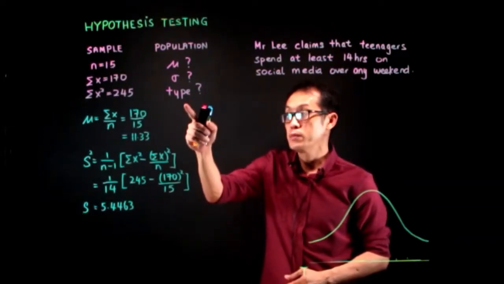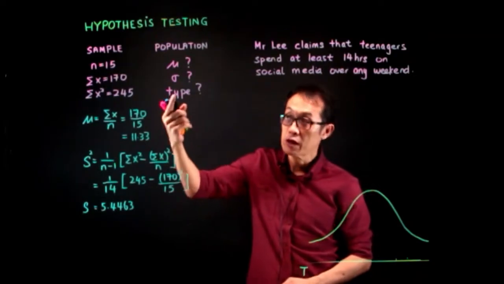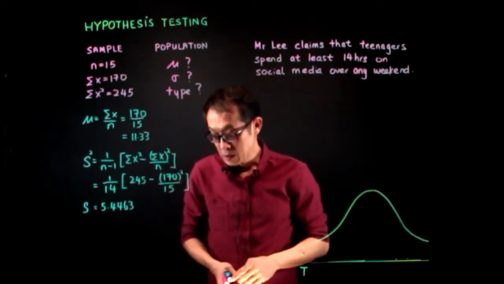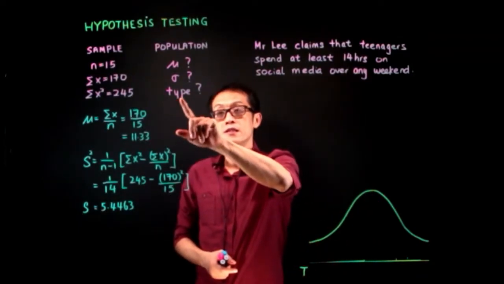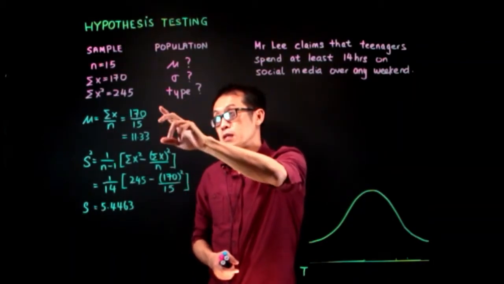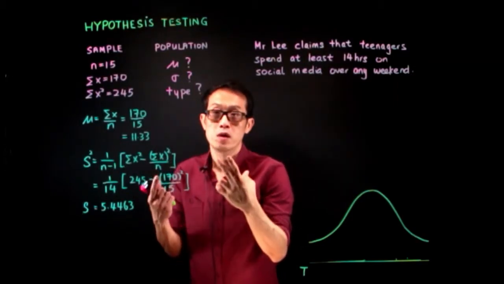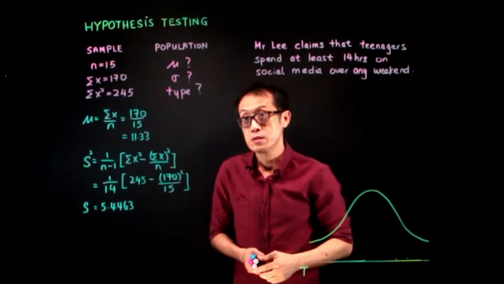We cannot use the central limit theorem because n is only 15. So the only way is to assume that this is normal. If this is normal and sigma is not known, we can use the t distribution.